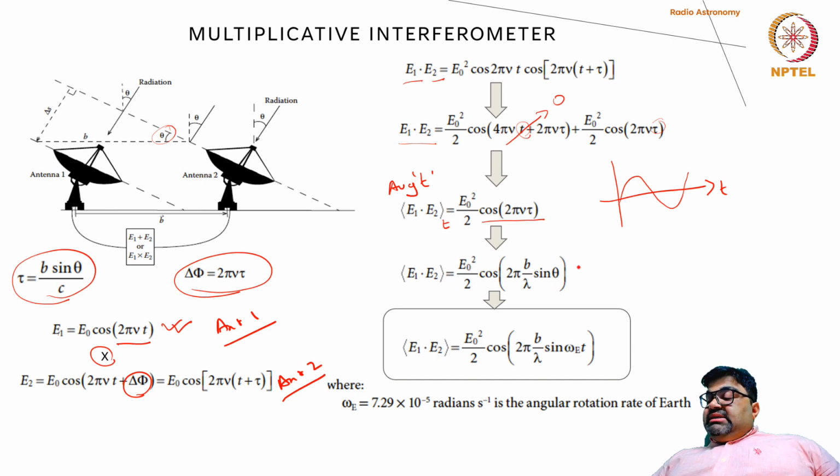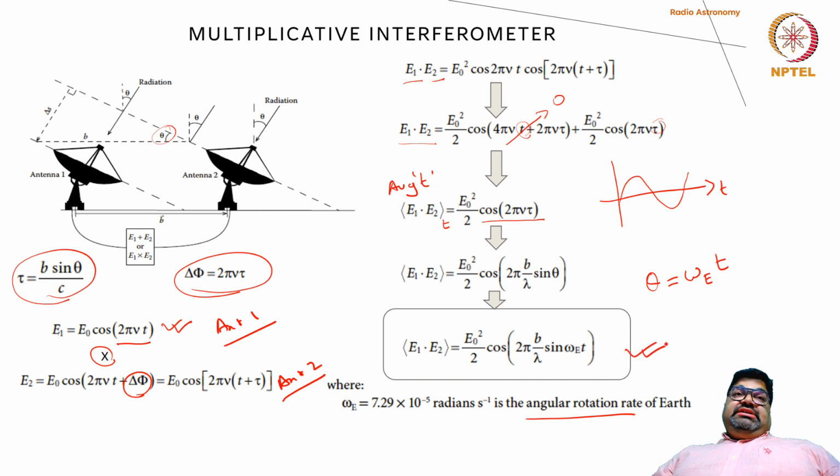Now, if you take into consideration the rotation of the Earth, then omega E is nothing but the angular rotation of the Earth. If you replace that into the previous equation, you arrive at this particular fringe rate.